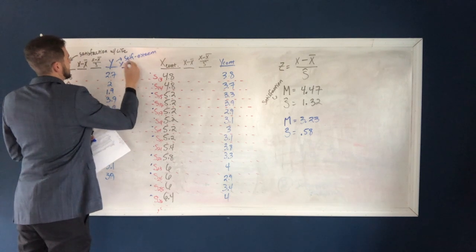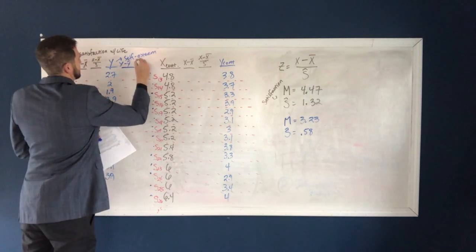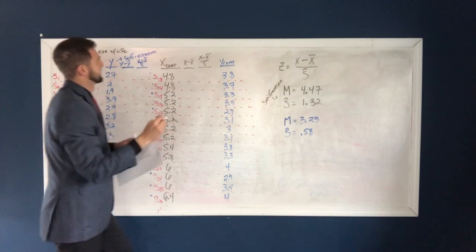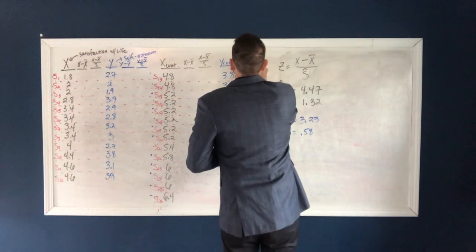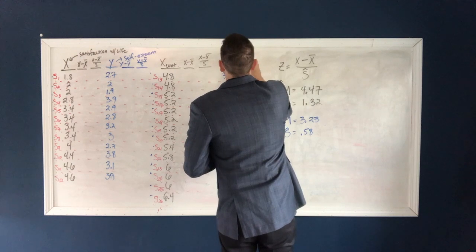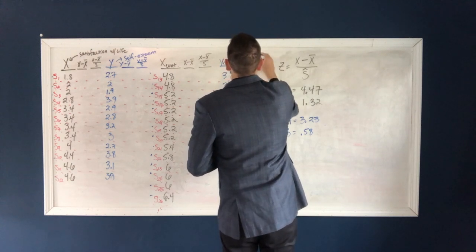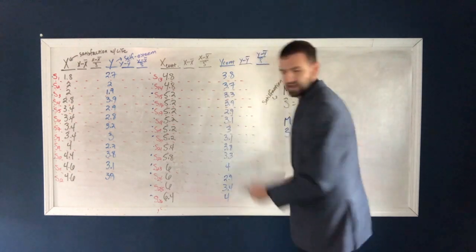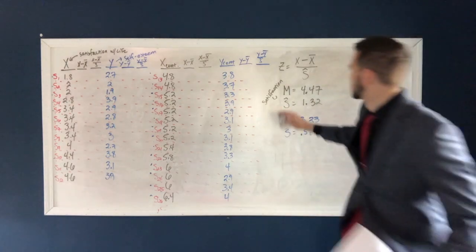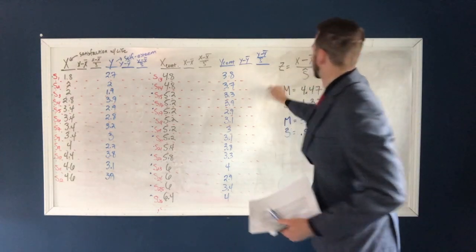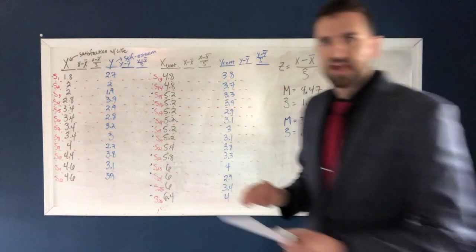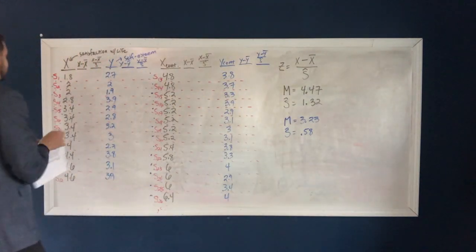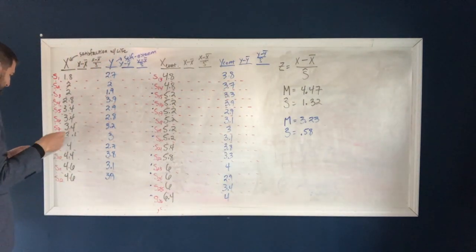Y minus the mean. Y minus the mean divided by the standard deviation. So this is actually in the way. I'm going to erase this. Okay, perfect. Okay, so let's just start doing it. That's how we're going to get done.